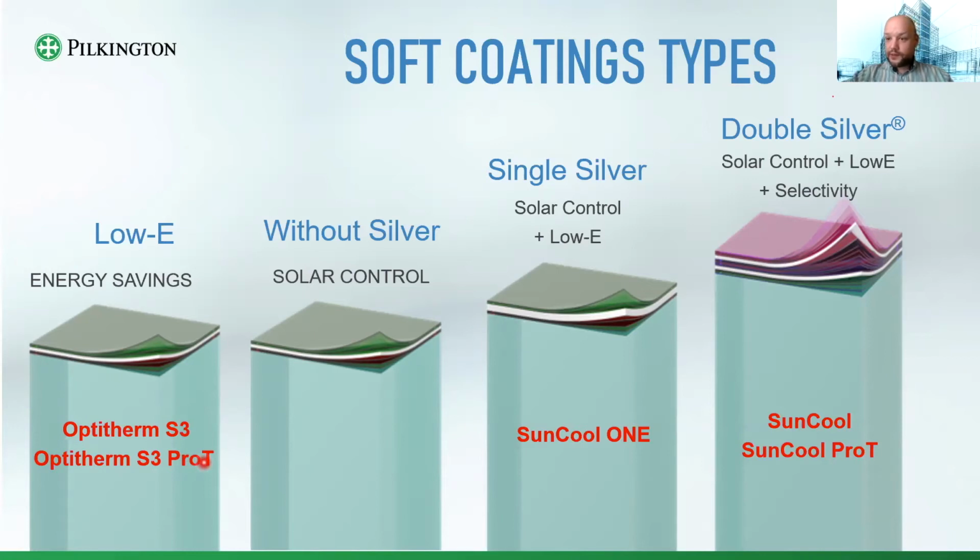In many types of soft coatings, different coatings are used, whether they are intended for use annealed or for tempered, heat treated. Usually at Pilkington, the temperable versions are called Pro T. They have a Pro T index. And the annealed version doesn't have any.